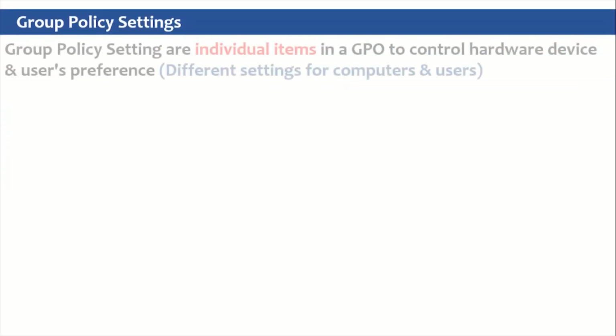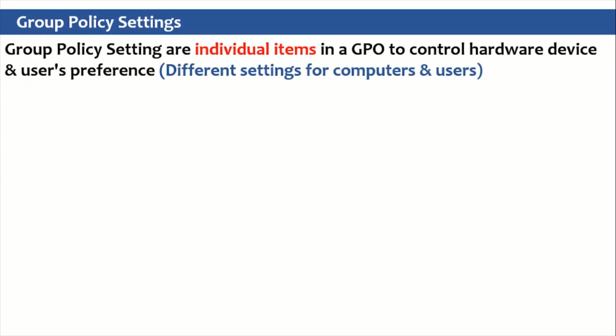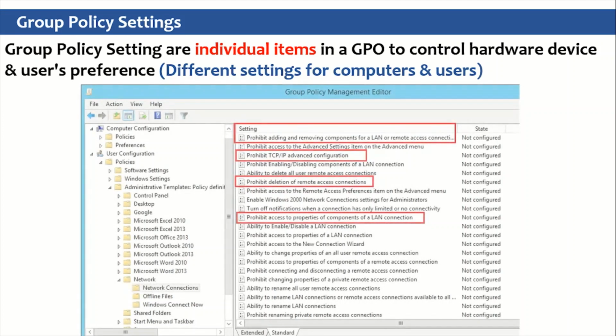Group policy settings are individual items in a group policy object which control the hardware and the user preferences. There are different settings for users and different settings for computers. There are thousands and thousands of settings in a single group policy object. Here is an example of some settings for network connections.